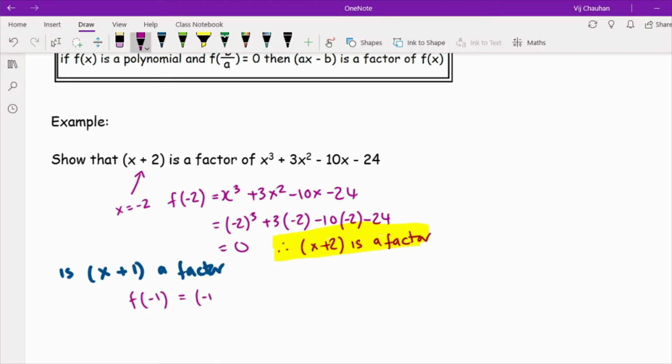So I'd have minus 1 cubed plus 3 lots of minus 1 squared minus 10 lots of minus 1 minus 24, and that would not give me a remainder of 0.